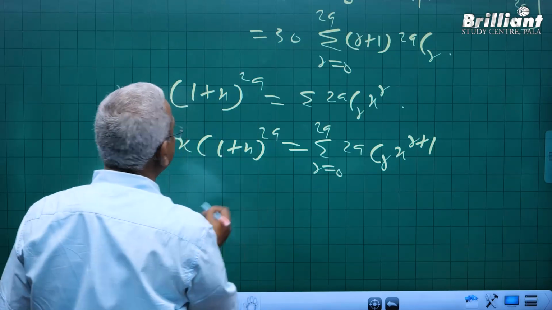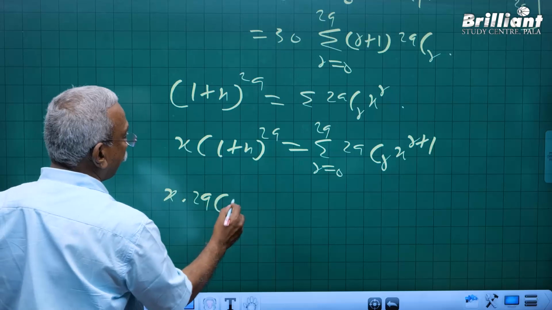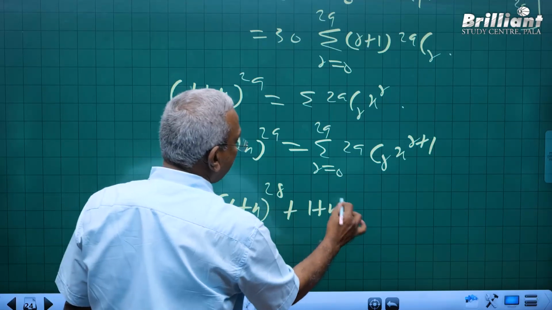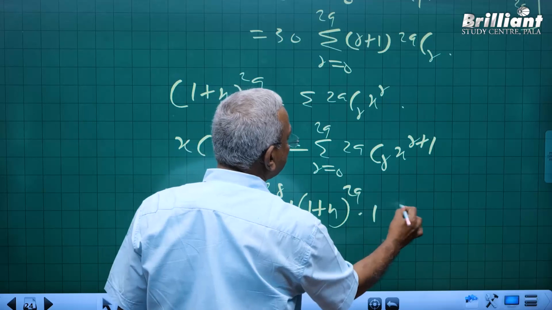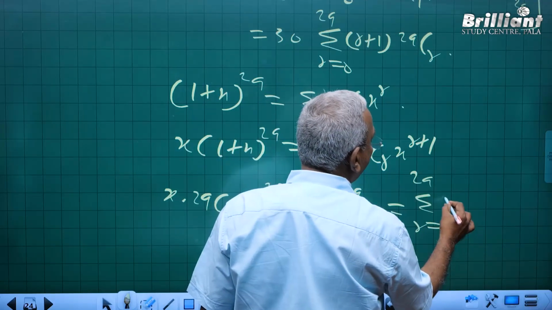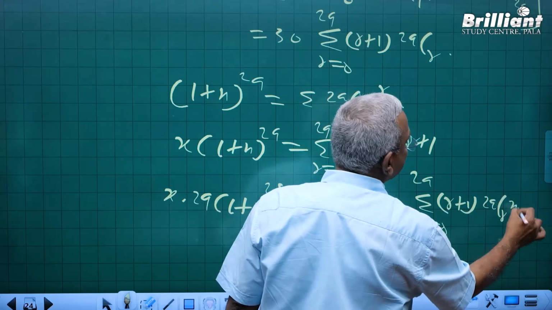Now, differentiating both sides, that is equal to x into 29 into 1 plus x the whole raised to 28 plus 1 plus x the whole raised to 29 into 1 is equal to sigma r is equal to 0 to 29, r plus 1 into 29Cr into x raised to r.